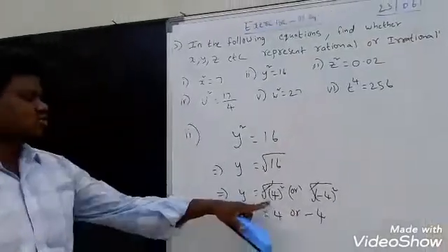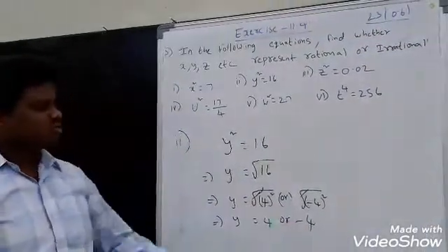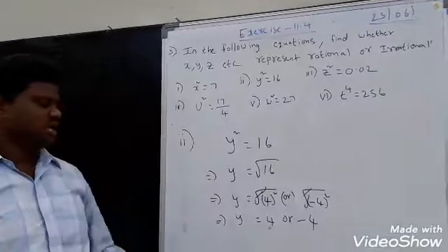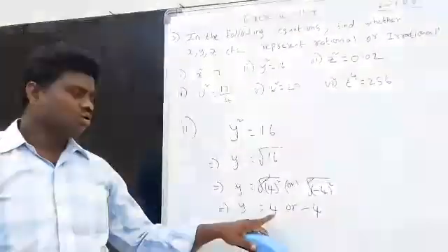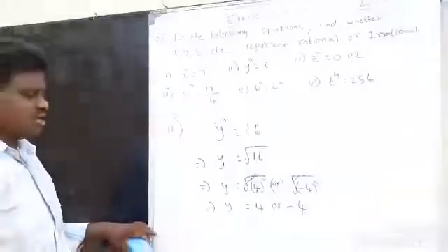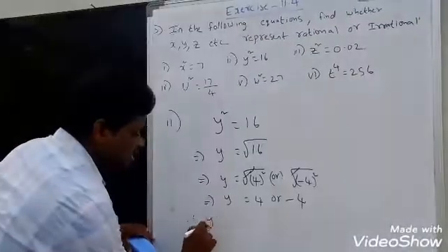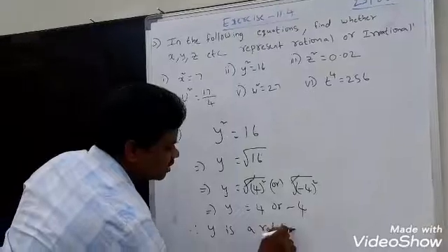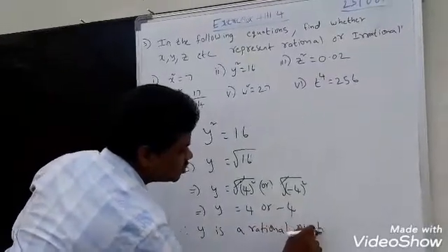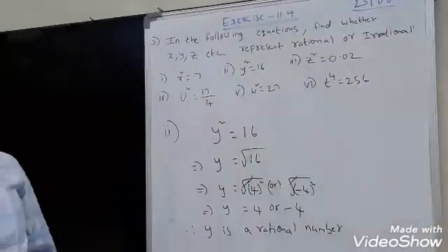So 4 squared is 16, or minus 4 whole squared is 16. That implies y is equal to 4 or minus 4. You know 4 is a rational number. That's why y is a rational number. So here we conclude that y is a rational number.